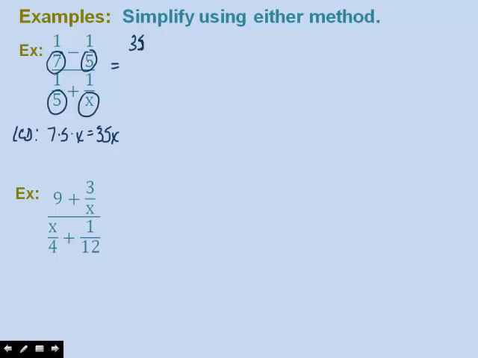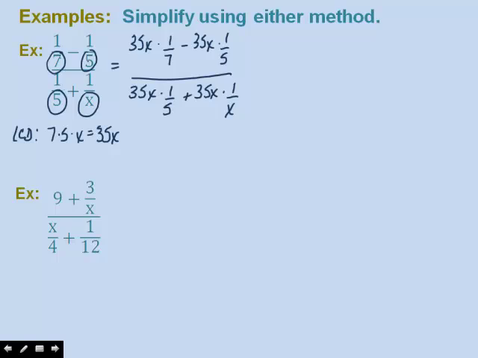So now we're multiplying 35x times each one of our rational expressions in the numerator, and times each of our two rational expressions in the denominator. Now we're going to cancel anything we can.